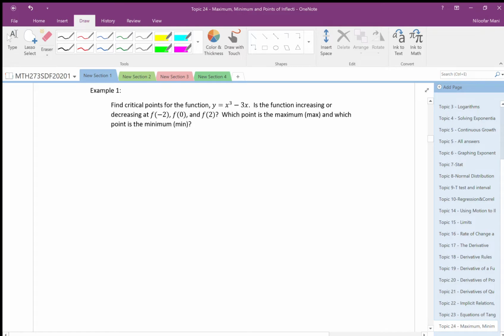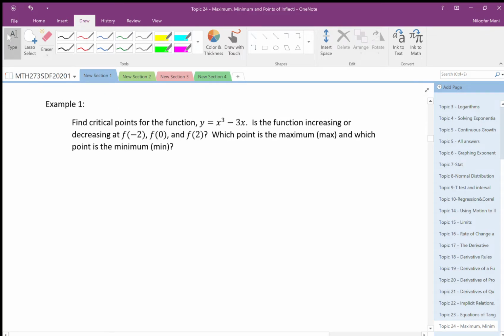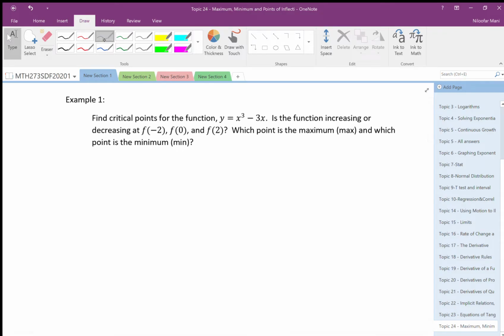Okay, so now I go here, find critical points for this function. I told you critical points are where the first derivative is 0. So for this, you first find y prime, which is 3x squared minus 3.